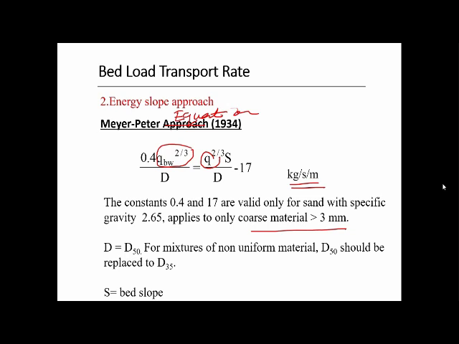Okay, by unit weight. Okay, so dia kata this equation is not applicable to the natural streams or natural river, because it only takes into account this material that is greater than the 3 millimeter, which is not commonly found in most of the natural river.